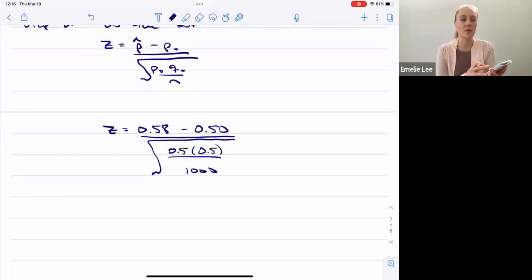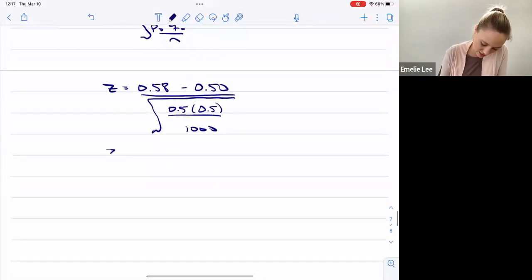I'm just going to skip straight to the good stuff here. 0.5 times 0.5 divided by 1,000, take the square root of that, and then 0.08 divided by that.